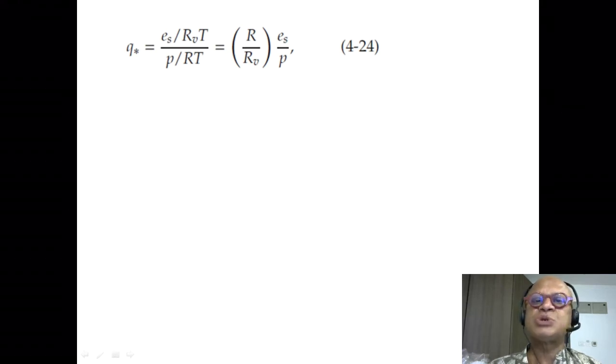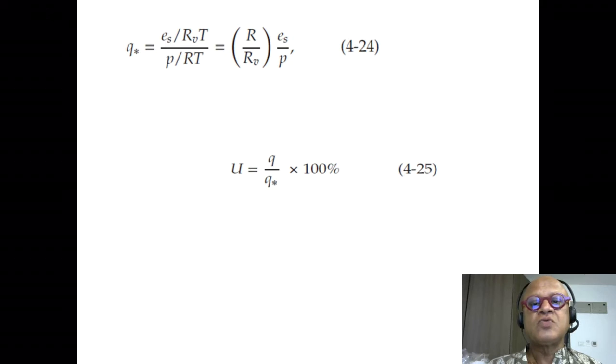Remember, e_s is saturation vapor pressure, P is pressure of the air, total pressure, which is partial pressure of dry air plus partial pressure of water vapor. Very simple. So this is just rho_v divided by rho, so you get R over R_v, R of the air divided by R_v. Air, whenever I say air, it has water vapor in it, okay? Times e_s over P, so partial pressure of water vapor divided by total pressure.